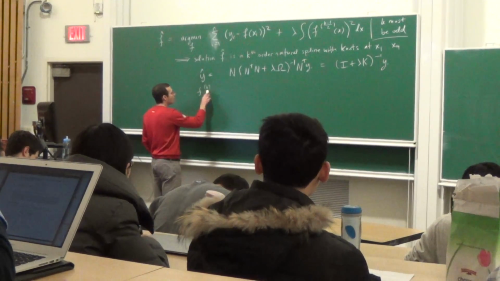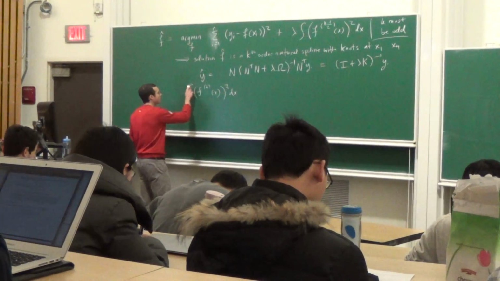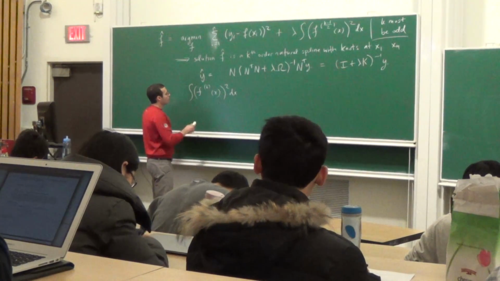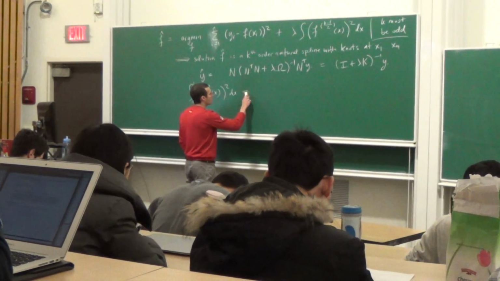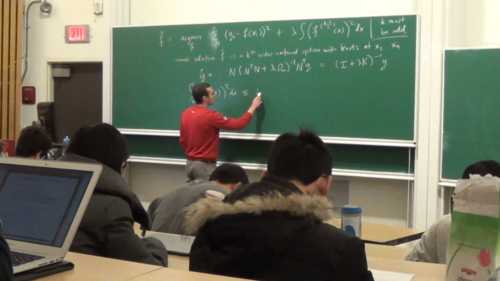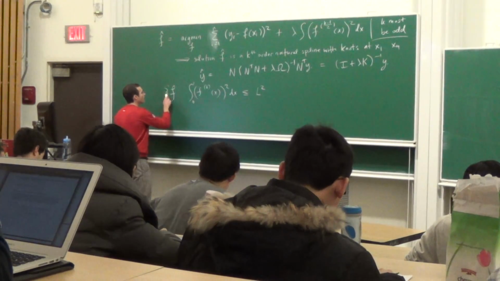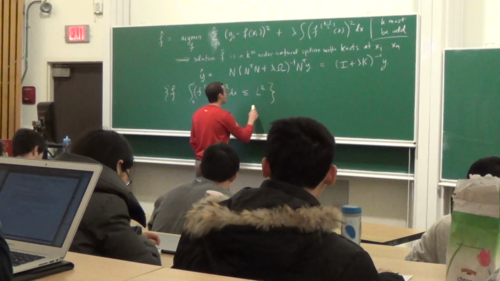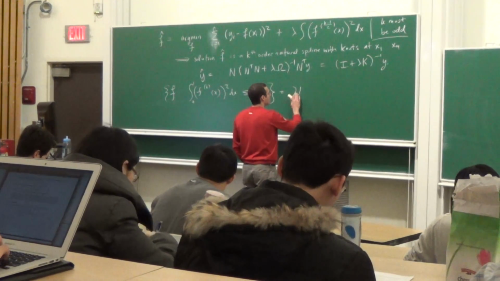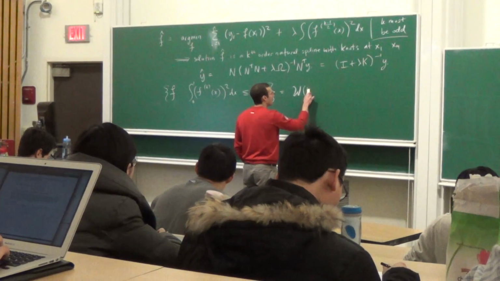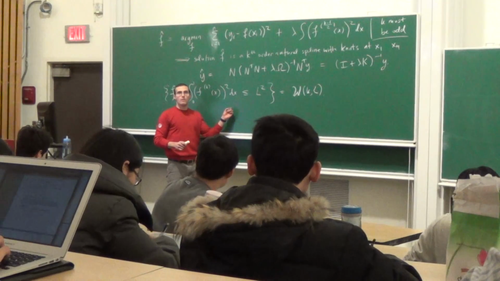If we take the kth derivative of f and we square it and we integrate it, if we're doing function estimation, say over 0, 1, then this has to be bounded by a constant L. So the set of all functions for which this is true is called the Sobolev space of order k with constant L. Contrast this to the definition of the Holder class we have in the notes.